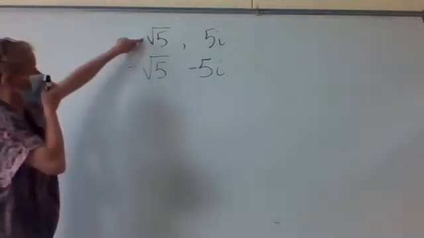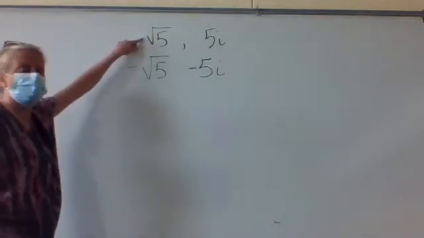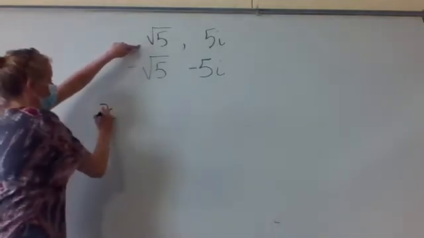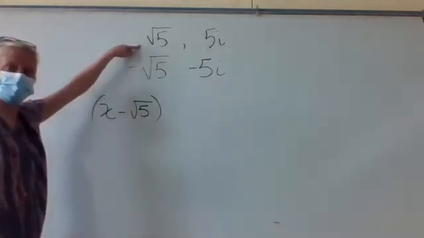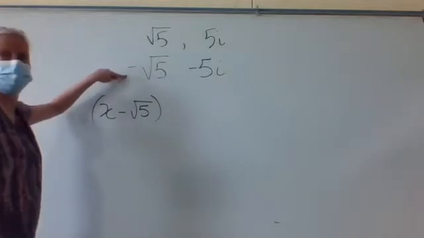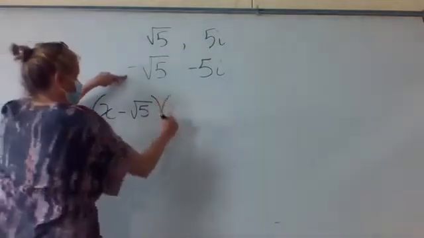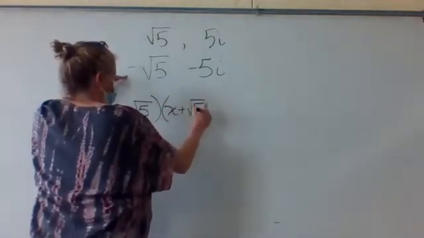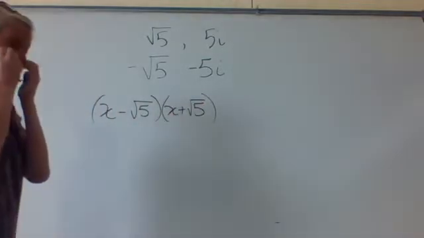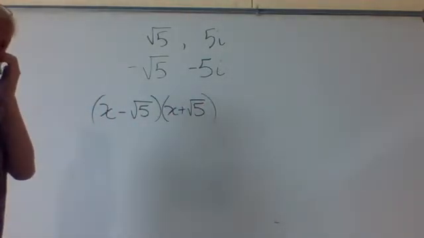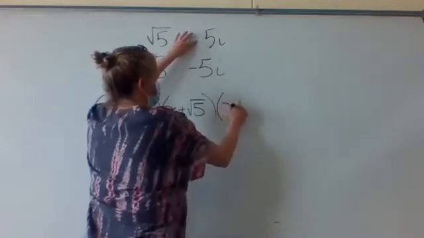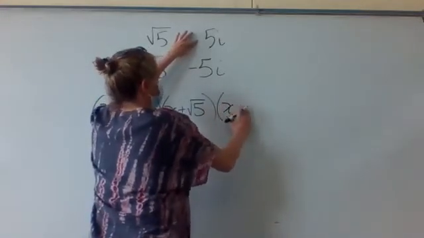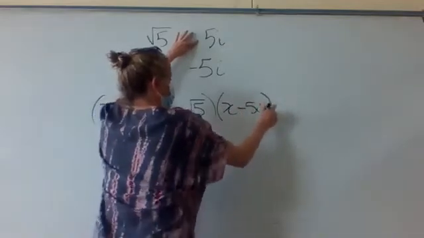So if this is a 0, where did it come from? X minus the square root of 5. If this one is a 0, then it came from x plus the square root of 5. If this is a 0, it came from x minus 5i.